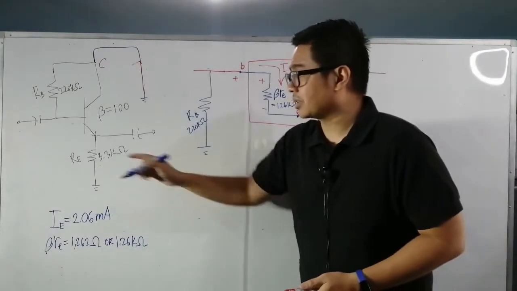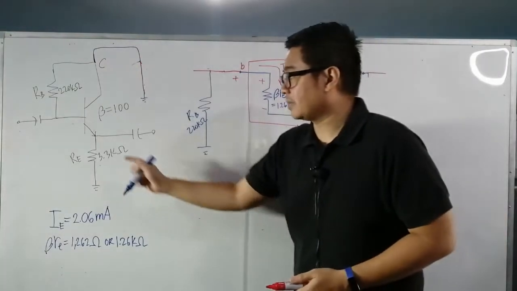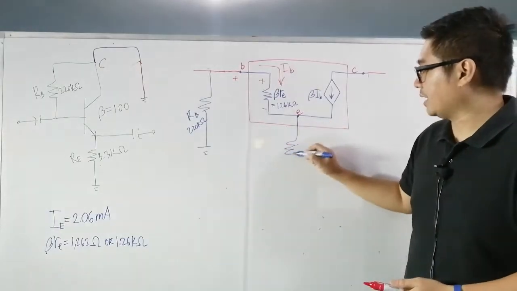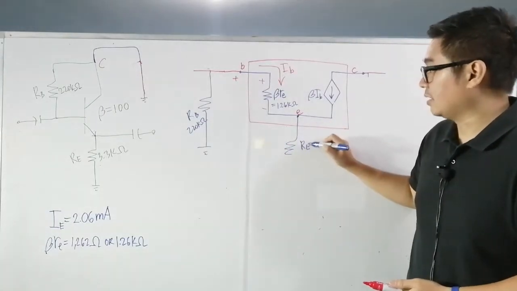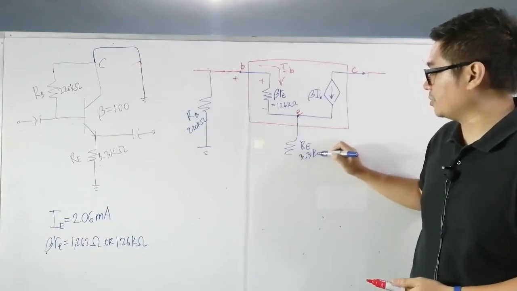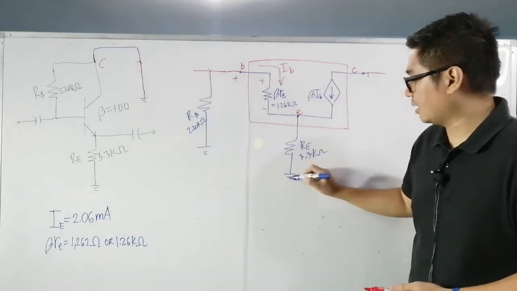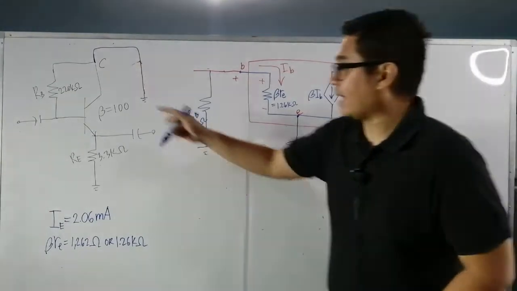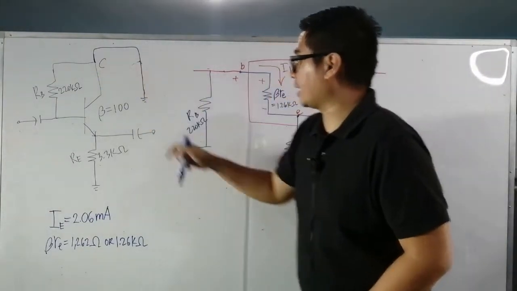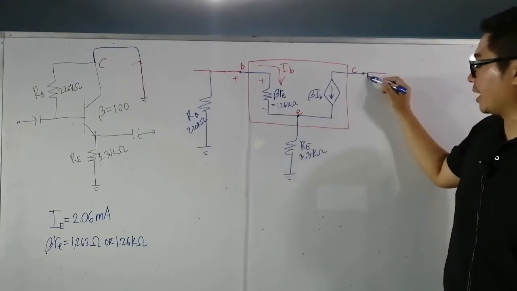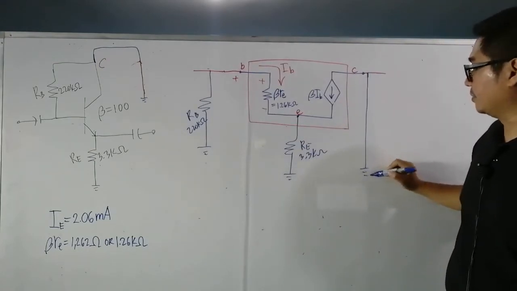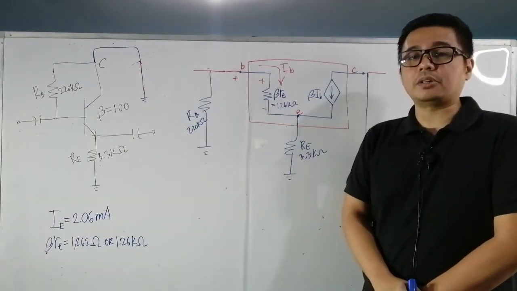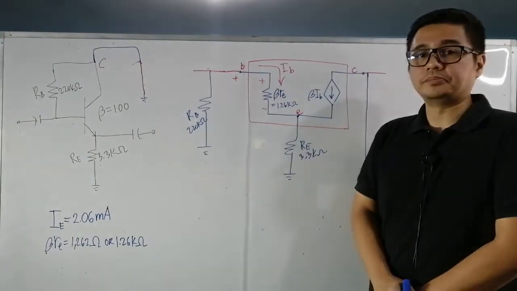Next, we have R sub E. R sub E is placed between the emitter and ground. This is the emitter. Lagay natin si R sub E, which is equal to 3.3 kilo ohms. And nandito yung isang terminal niya sa ground. Next, we have the collector terminal, which is directly connected to the ground. Therefore, we can place a ground here. So this is now the complete R sub E model for your common collector configuration.